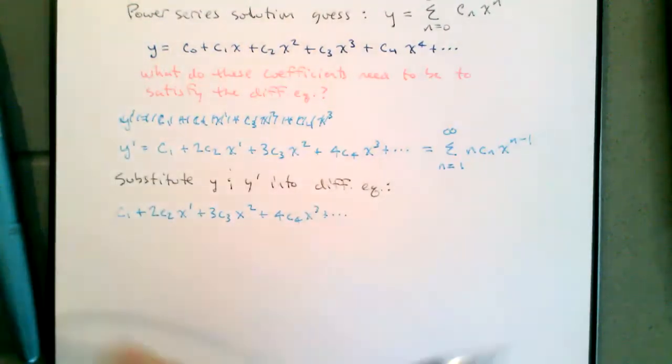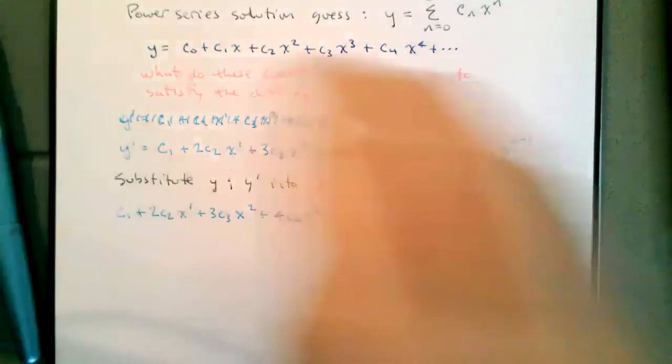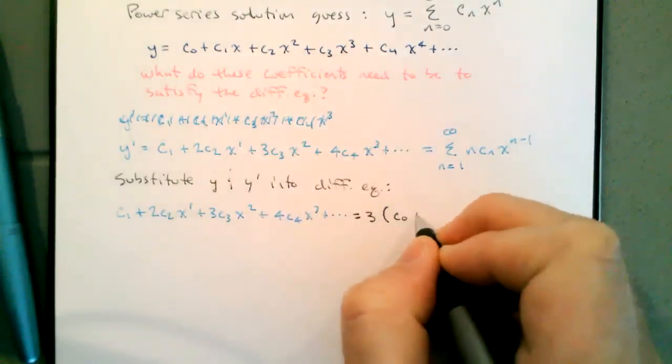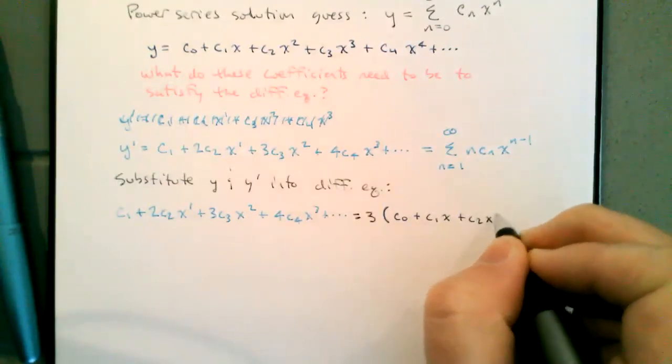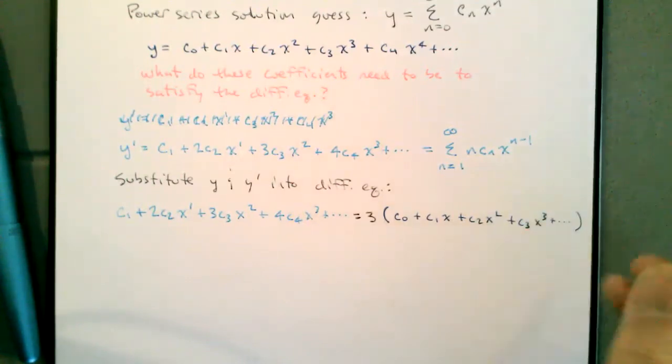And on the other side, this equals 3 times y, and y is just c0 plus c1x plus c2x squared plus c3x cubed, and so on.